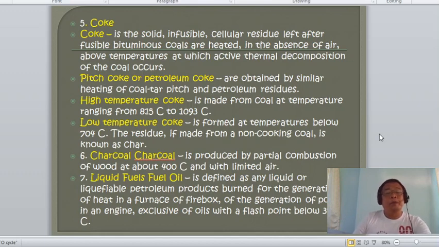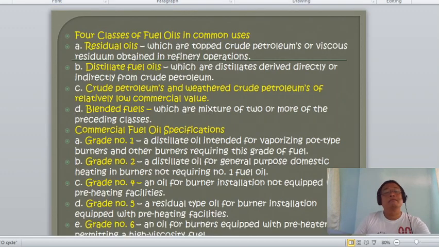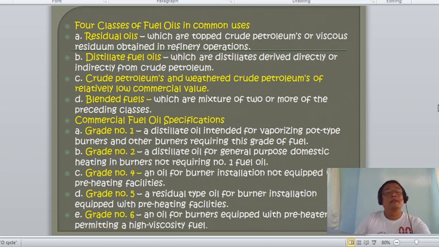Liquid fuels or fuel oil is defined as any liquid or liquefiable petroleum product burned for the generation of heat in a furnace or firebox. There are four classes of fuel oils by common uses.